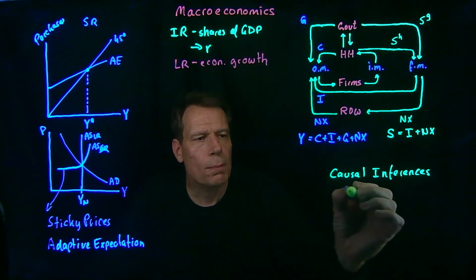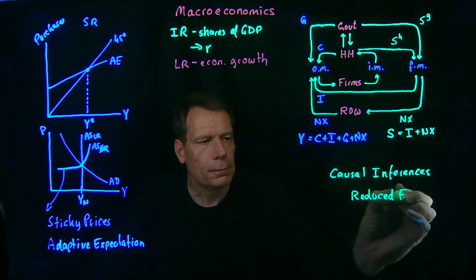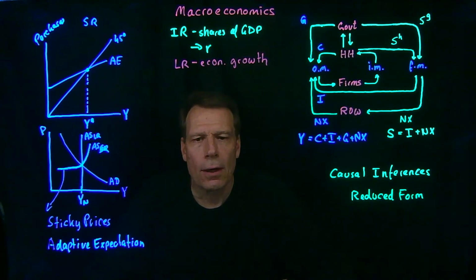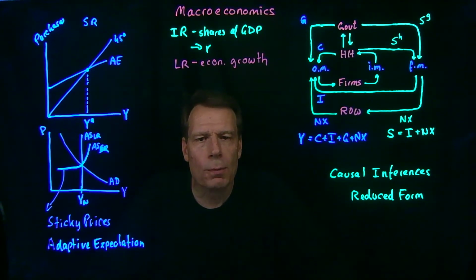We said there were two approaches: the reduced form approach that builds directly on the randomized controlled experiment. There was a fundamental problem of causal inference, which was that we couldn't observe the counterfactual. But through the randomized controlled experiment, we can identify what we called average treatment effects. But we also know that in economics and other social sciences, we often don't have the luxury of running randomized controlled experiments.